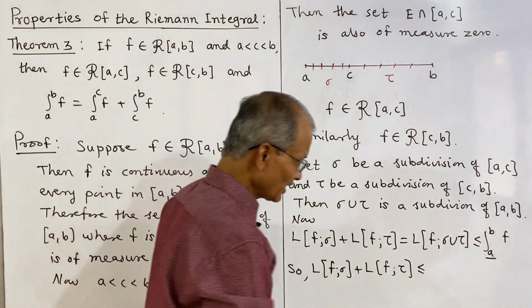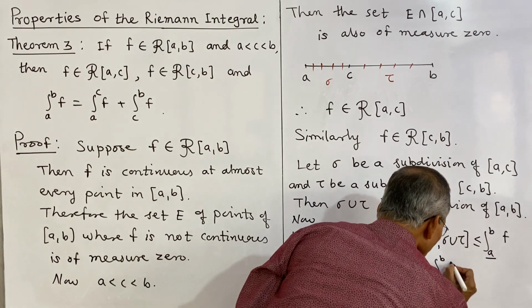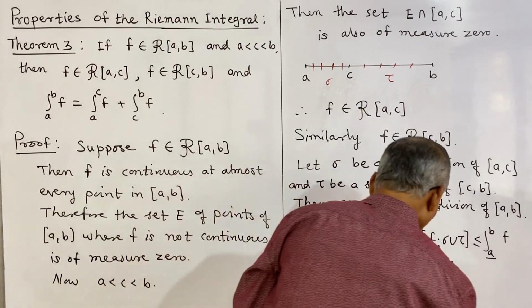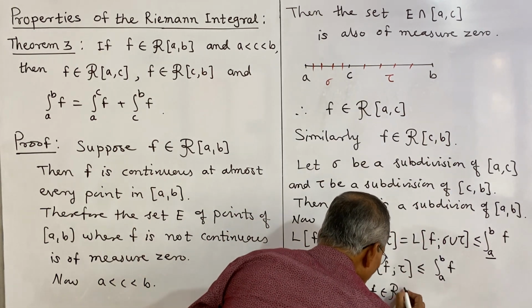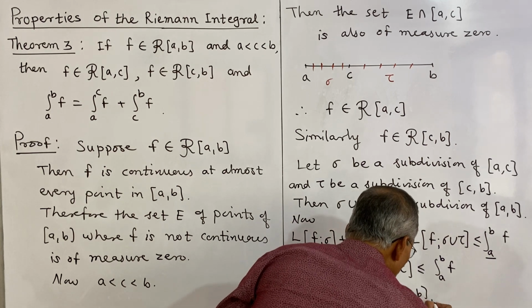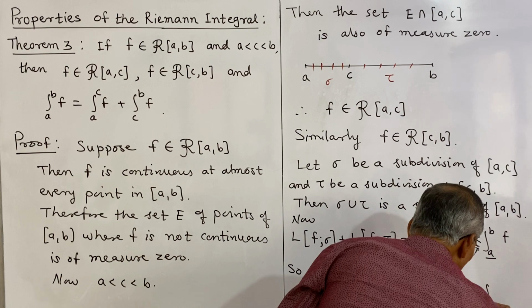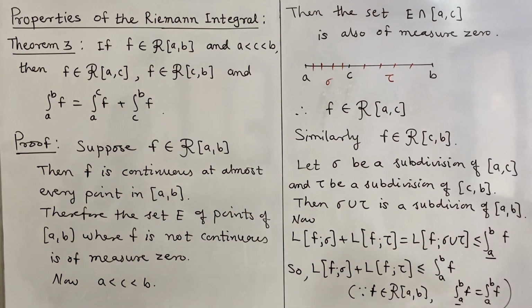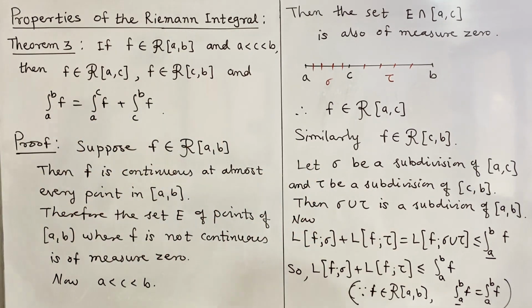Therefore we can write this simply as the integral a to b of f, since f is Riemann integrable over the closed interval a b. The lower integral is equal to the upper integral, and that is equal to the integral of the function. So thus we have this result.